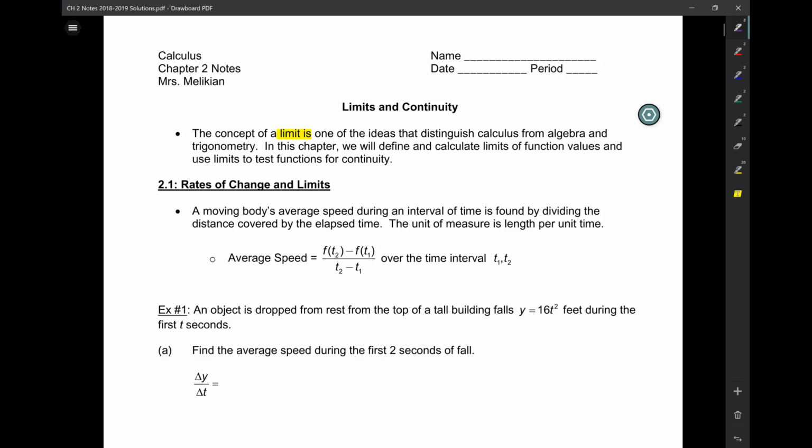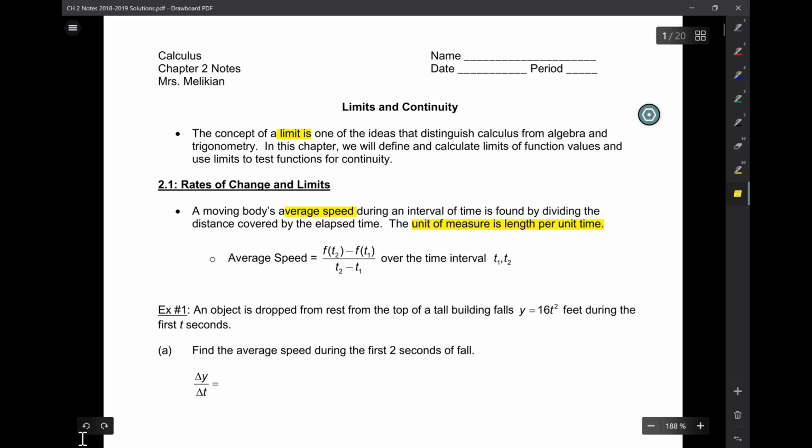So if you got in your car and you drove 300 miles in 60 minutes, you can figure out roughly what your average speed was, right? The unit of measure is length per unit time for average speed.